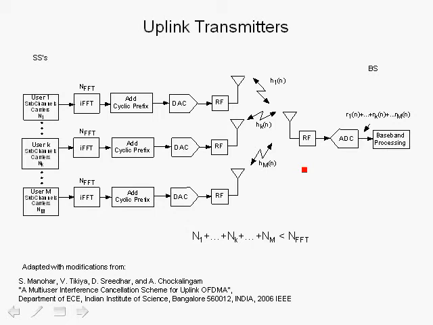Going back, you'll notice that each user has associated with it N sub 1 carriers. So user 1 is using N1 carriers, user K, NK carriers. If we add up all the carriers used by user 1 through user M, they're all obviously less than the total number of points used in the FFT.